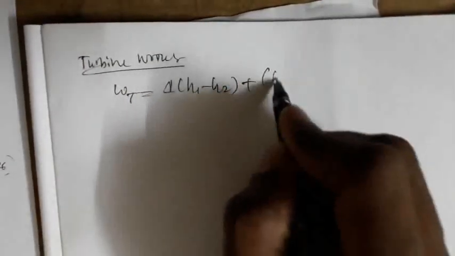Now the turbine work can be calculated from the calculated data. We have already written it is 1 into H1 minus H2 plus 1 minus M into H2 minus H3.